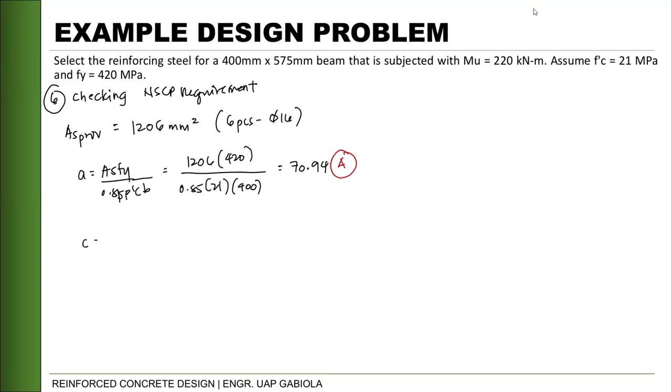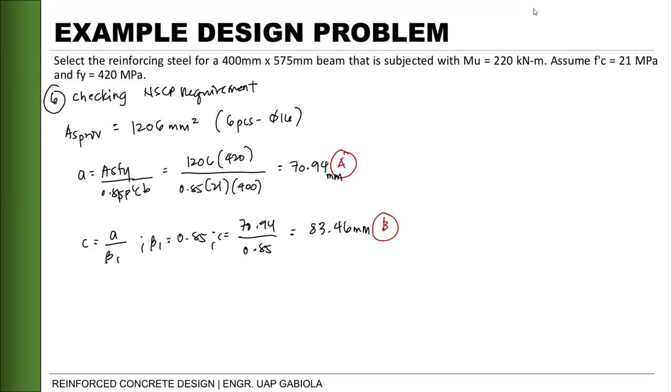Next is c, which equals a over beta 1. Since our concrete strength is 21 megapascal, beta 1 equals 0.85. So c is 70.94 divided by 0.85, which is 83.46. Same with a, let's store that in memory B.